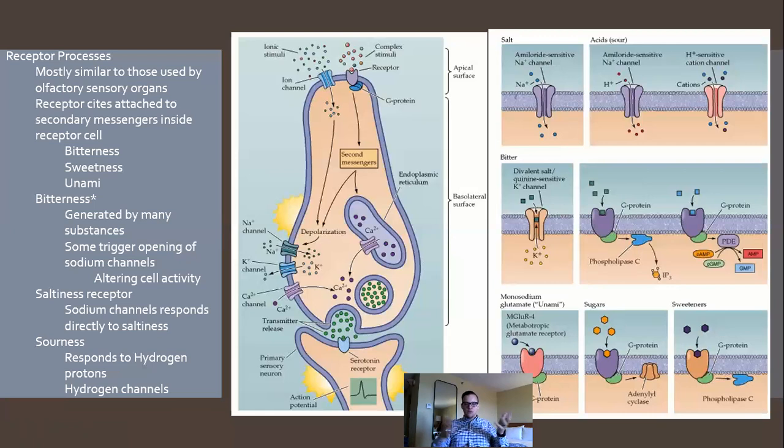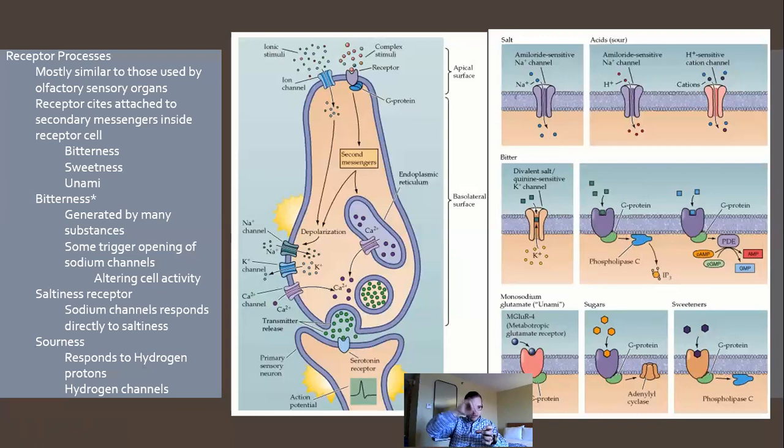So it makes sense that we would have multiple ways to represent bitterness, which signals to us, hey, get that thing out of your mouth because it's potentially not good for you.